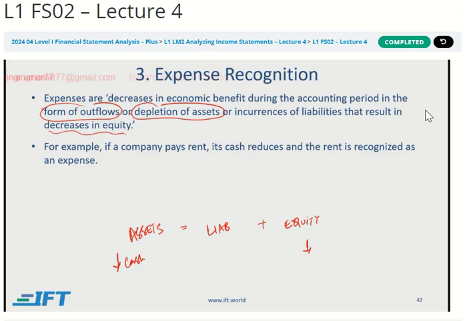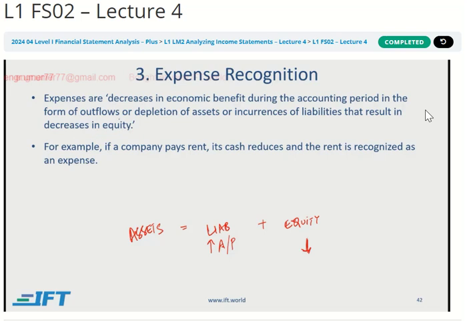in equity. Another possibility could be, let's say the cash has not gone out, you've taken a product or a service from a supplier and you've committed to them that you will pay later. So your accounts payable has gone up. There has been an incurrence of a liability. And to keep the accounting equation balanced, your equity will go down, and therefore it will result in a decrease in equity.